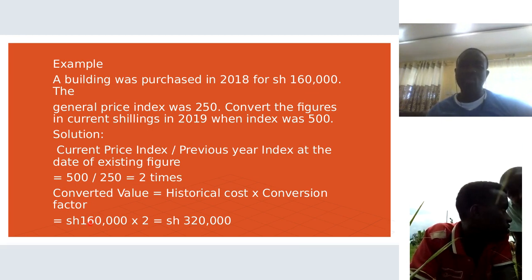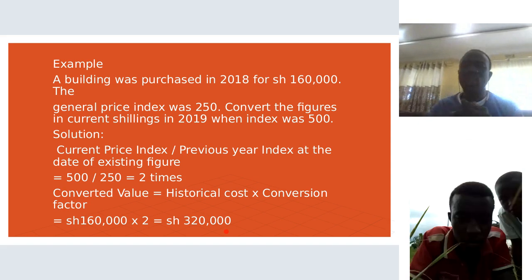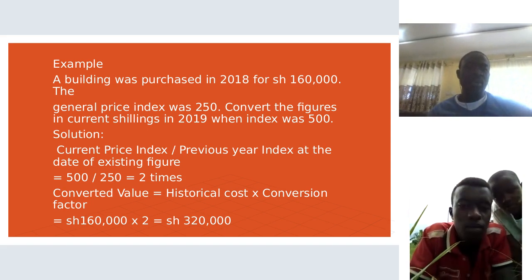That is 160,000 times 2, which is 320,000. So that will be the new converted value in 2019.